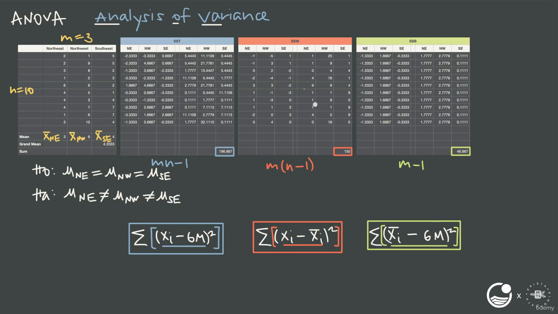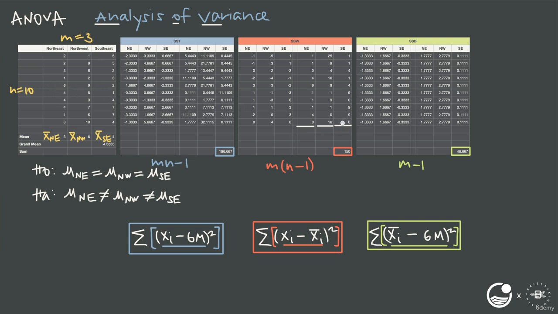We can think about the sum of everything in this column as all of the variance within the Northeast group. Everything in this column is all of the variance within the Northwest group, and everything in this column is all of the variance within the Southeast group. If we add all three together, we get an idea of the total variance inside each of these individual groups.